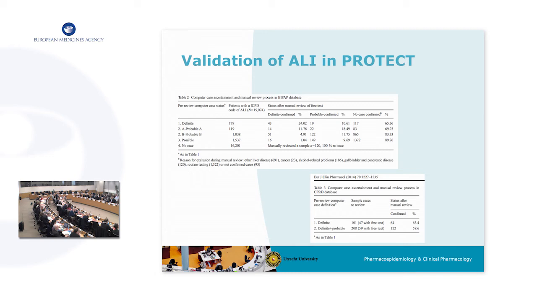What we did in this project is to really validate, as far as we could, the algorithm that we developed. So for the different classifications of definite, probable, possible, and no case of acute liver injury in the Spanish database, all potential cases were manually reviewed, and all free text was considered to assess whether there was a definitely confirmed case of liver injury, probable or not confirmed.